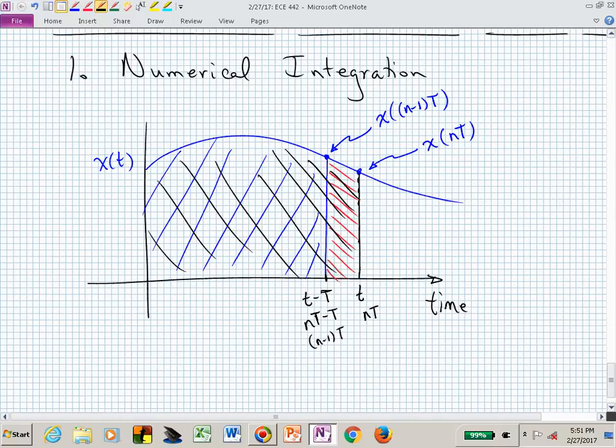And in numerical integration, the different approaches are how we approximate this red piece.